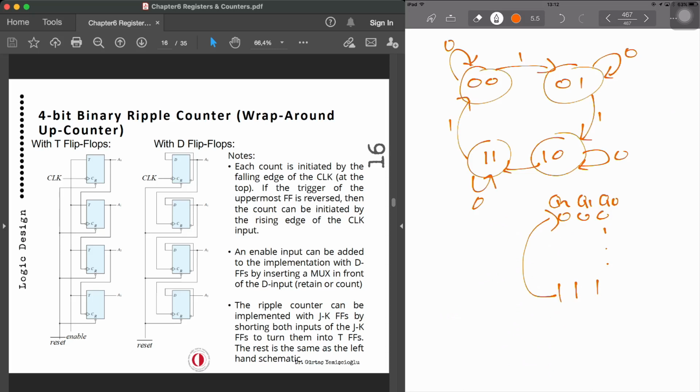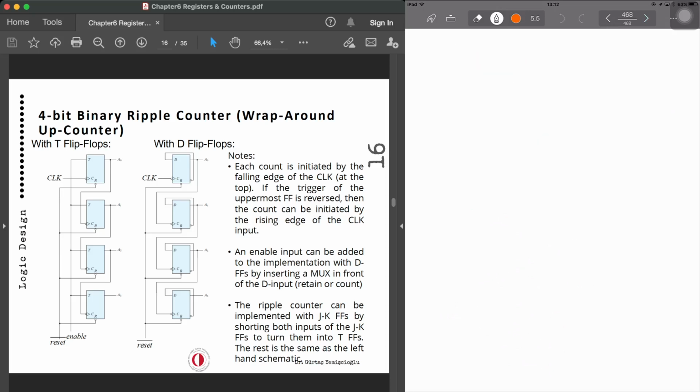In order to implement the T-type, if you do remember, you just need to tie the J and K inputs together. So J and K inputs are tied so that you have T inputs. This is also possible, and then you can have a similar implementation like this.